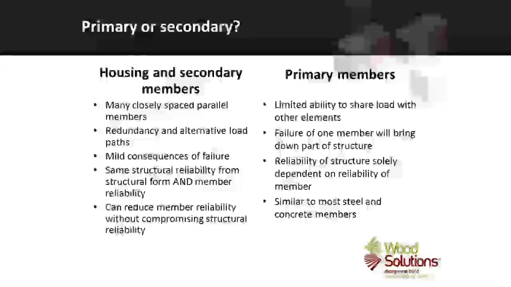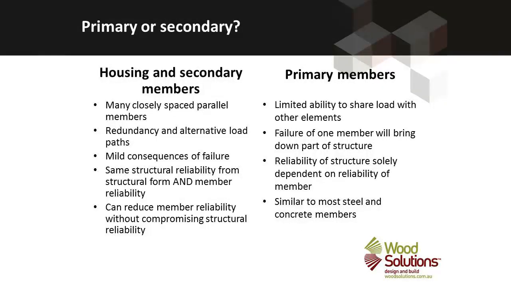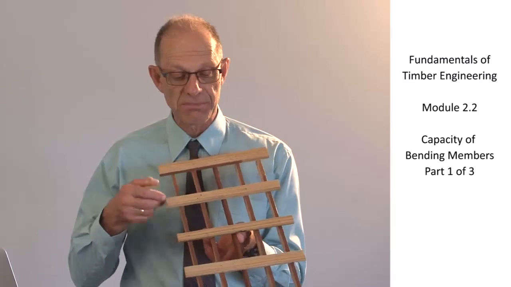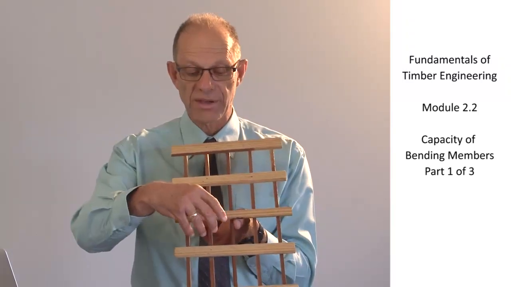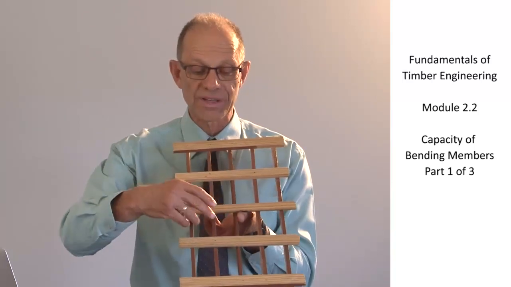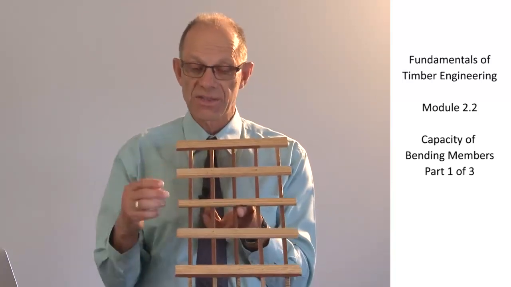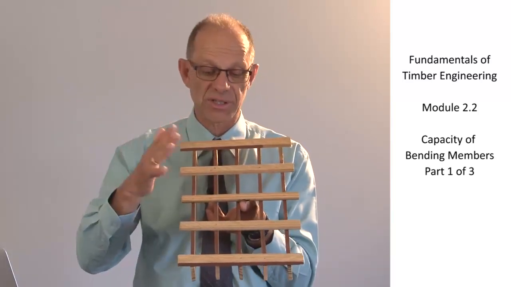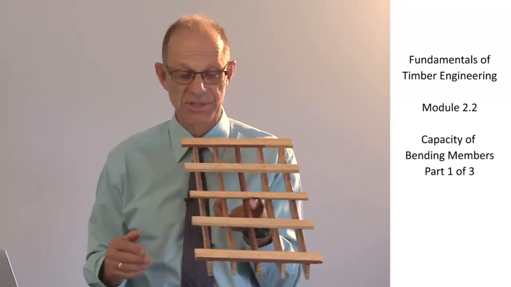The first decision we have to make is, is it a primary member or a secondary member? And essentially what we're looking at is the structural form in which the member is going to be used. If we're using the timber member in a system where there are a large number of parallel members that are all working close together, then the failure of one member may not cause a complete structural collapse in that the others can pick up some extra load.